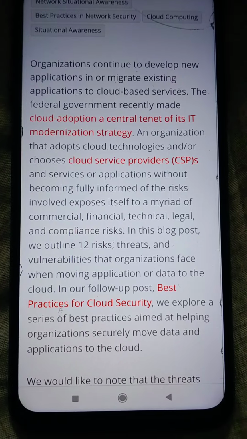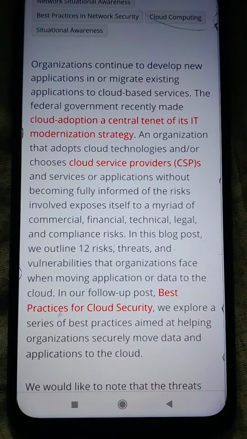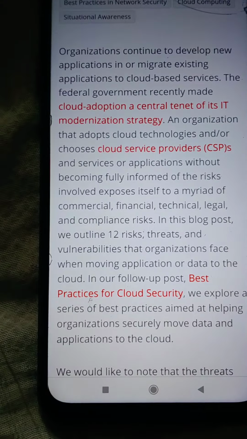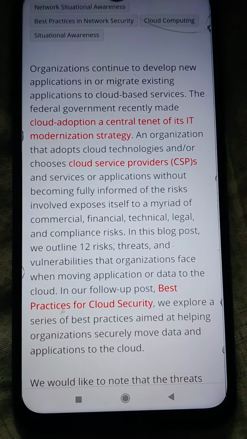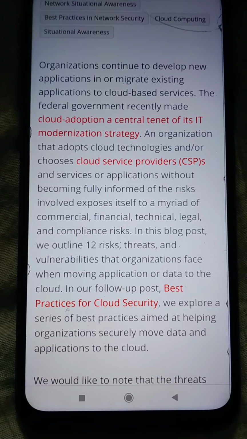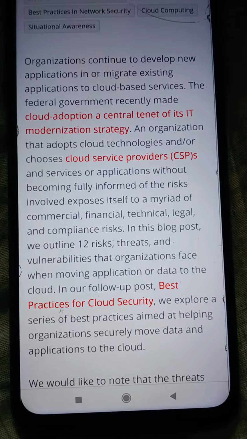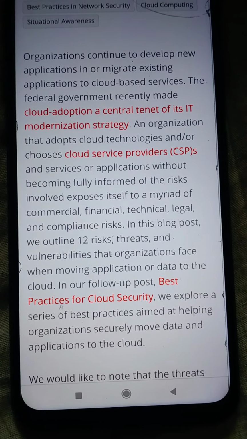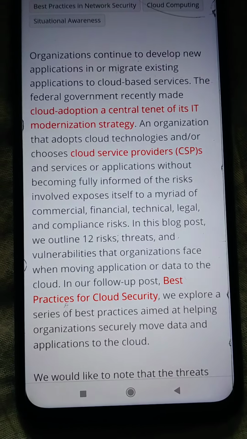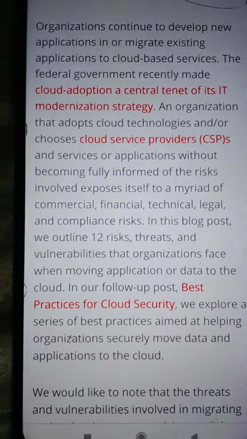And an organization that adopts technologies and/or chooses cloud service providers (CSPs), and services or applications, without becoming fully informed of the risks involved exposes itself to a myriad of commercial, financial, technical, legal, and compliance risks.